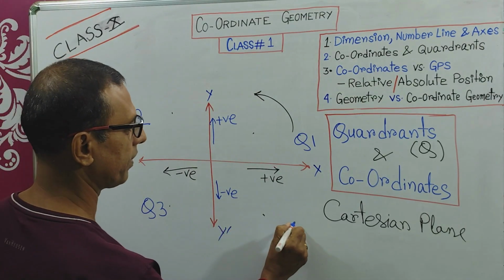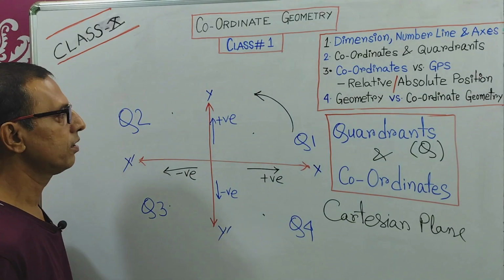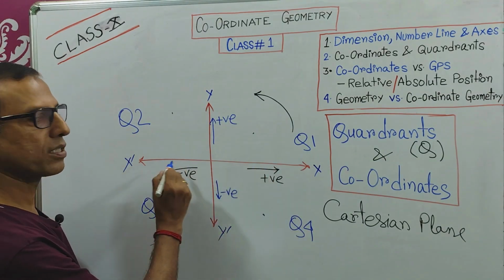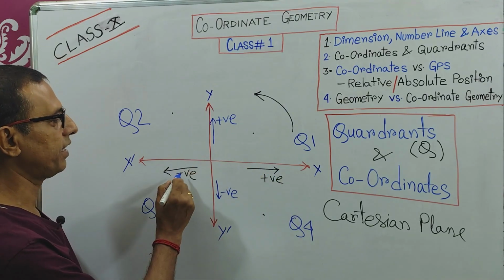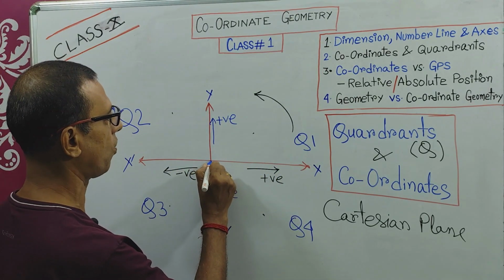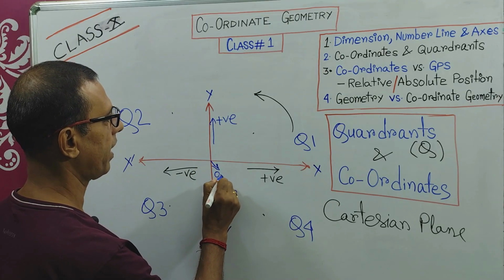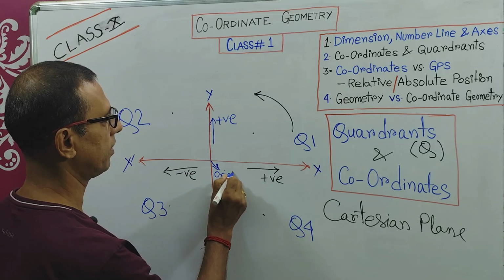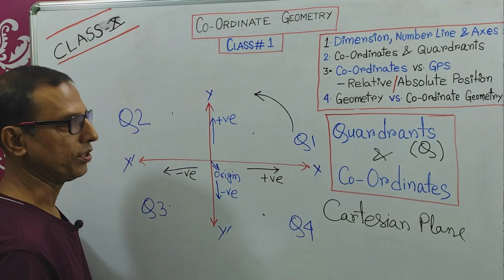Fourth one is quadrant 4 or Q4. Right? So if you look at this axis, you can understand in which direction the abscissa is positive and negative. This is the origin, as I explained in the last topic also.